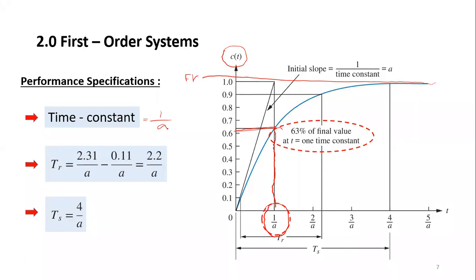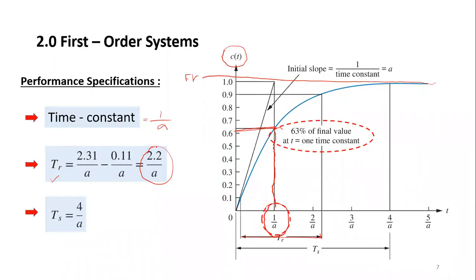Alright. Once we know the time constant of the system, we are able to find Tr, the rise time. Tr is the time for the system to go from 10% to 90% of the final value. Mathematically, it is 2.2 divided by a.